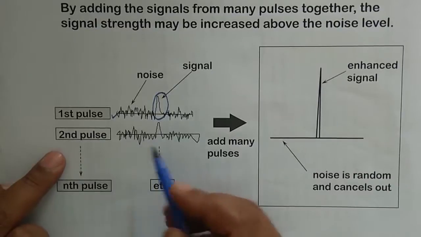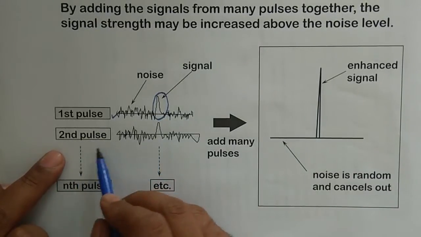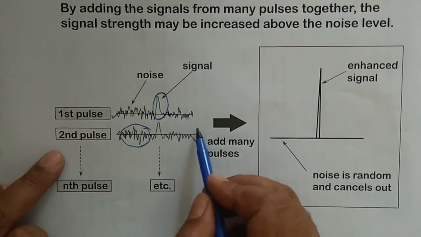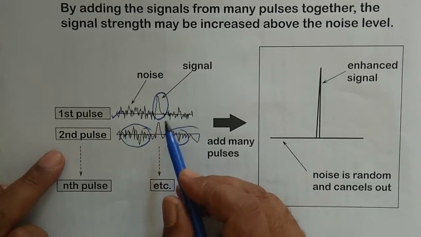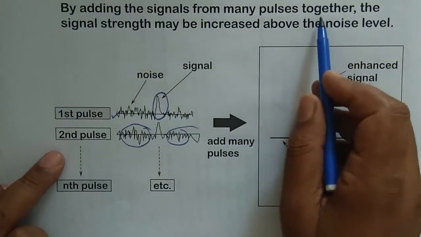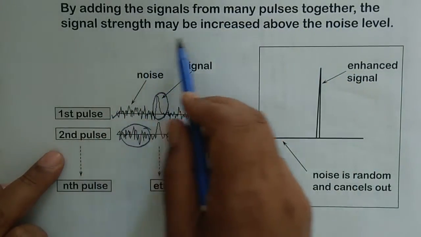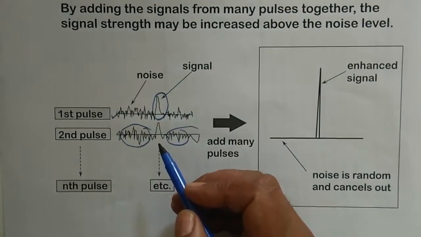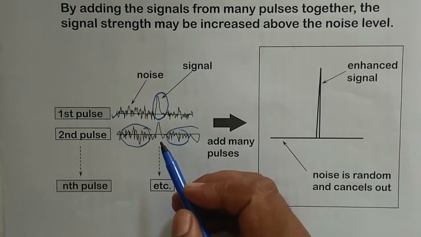And in the second case, you can see again what is happening here. If you add the second pulse here, you can see again this is the peak. So by adding the signals from pulses together, the signal strength may be increased. This is a very important point here, but I don't want to go into that much detail, because those details are not very important for the CSIR NET and GATE examinations.